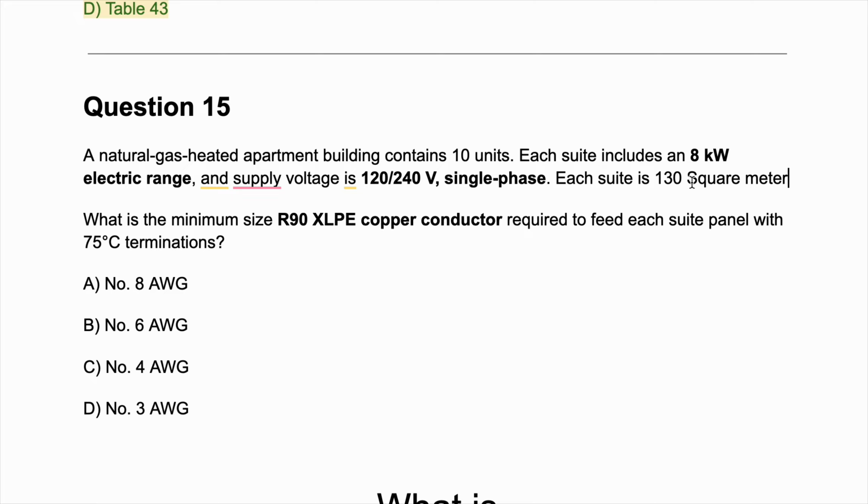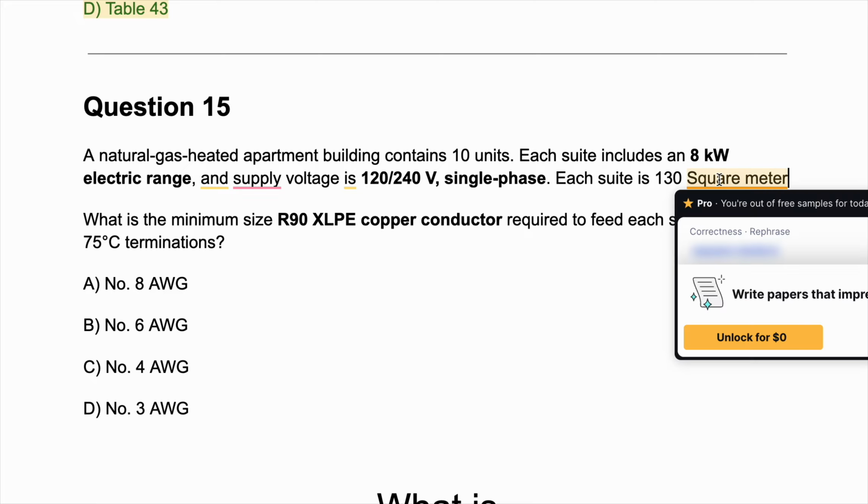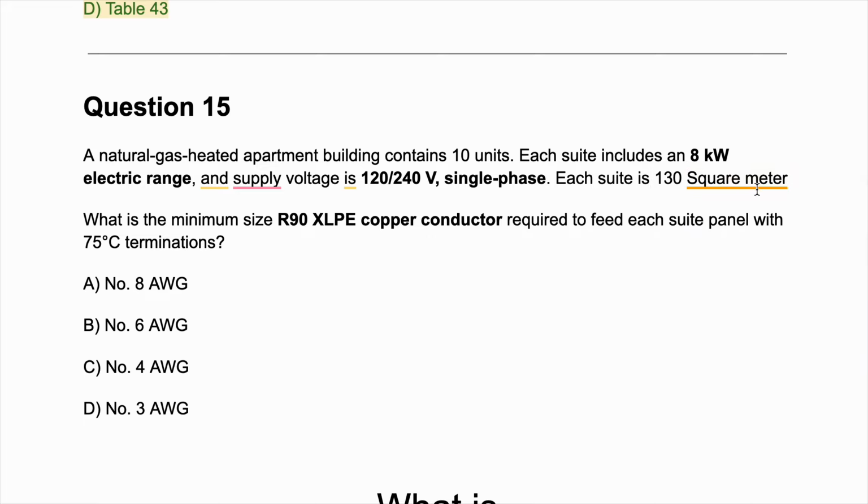Okay, square meter. You know that for every apartment, we have a rule that tells us for the first 45 square meters we have 3,500 watt.